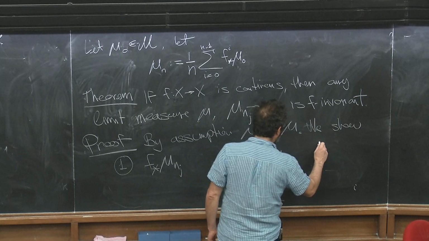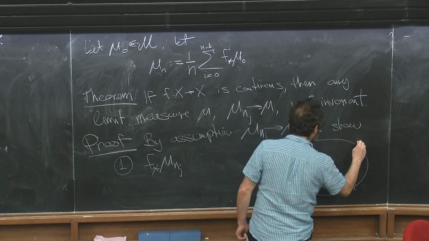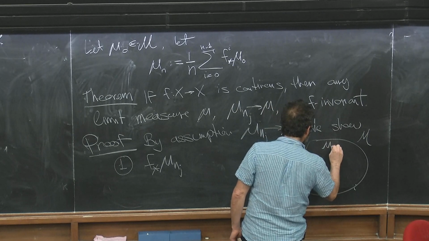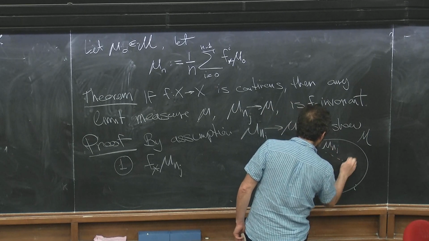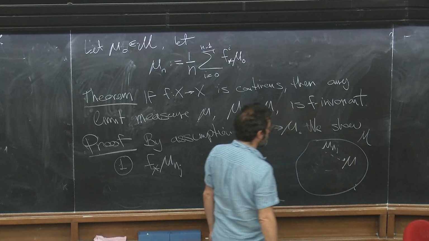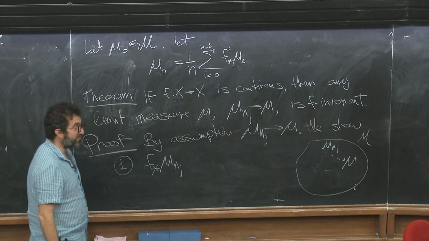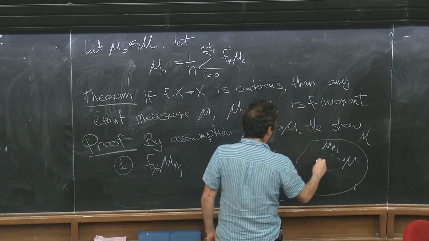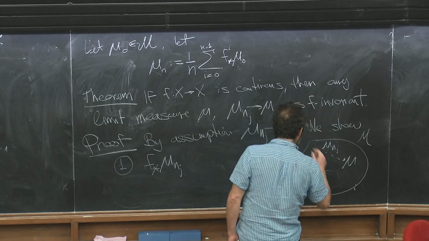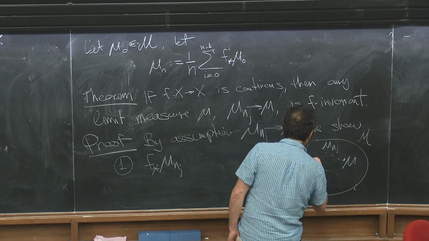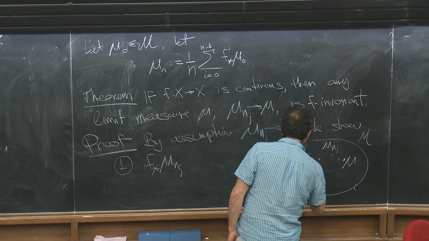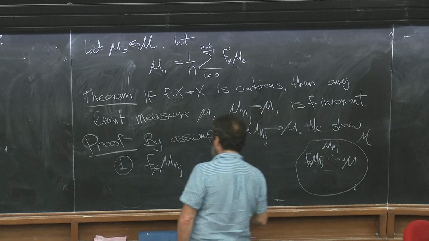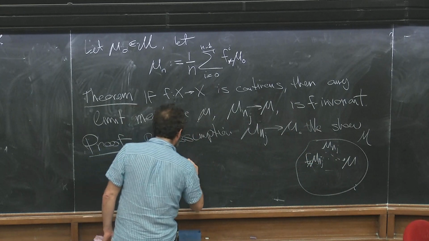Here we have the space of measures. This is a sequence mu n j converging to mu. We want to show that mu is a fixed point, right? Because we want to show that mu is invariant. So we're going to consider the images f star of mu n j, and we're going to show that this sequence also converges to mu.